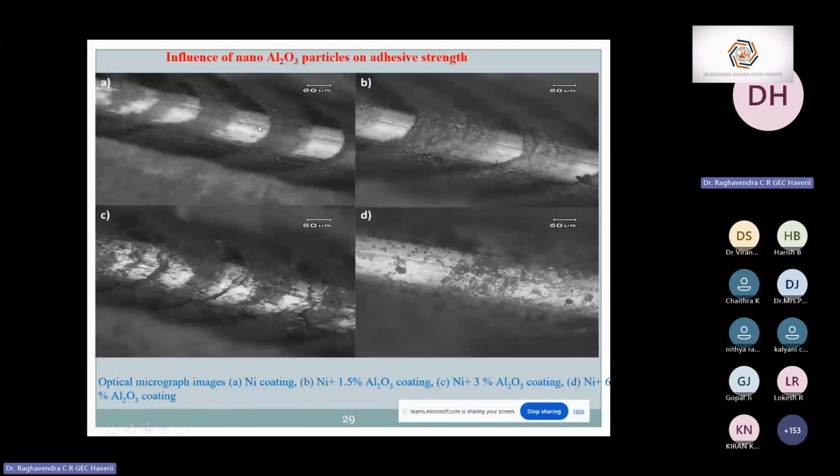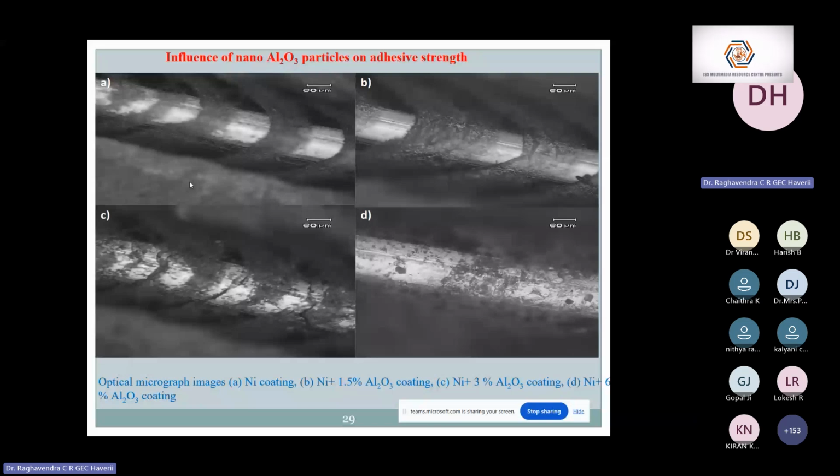After applying the scratch indentations, this has been progressive. Now you can see in figure D there is a straight line, where the base material has been completely exposed. Whereas in figures A, B, and C, stagnating patches have been seen, which tells us how it is restricting the scratch because of the higher adhesive strength.